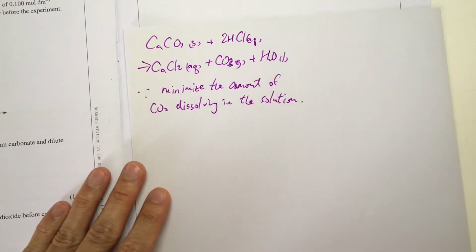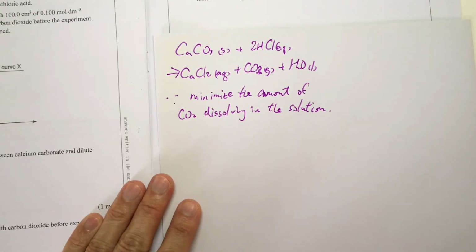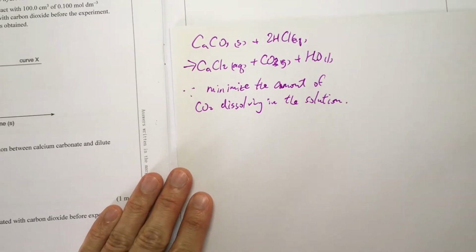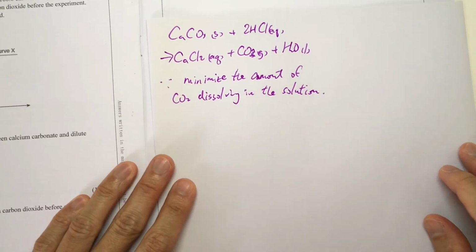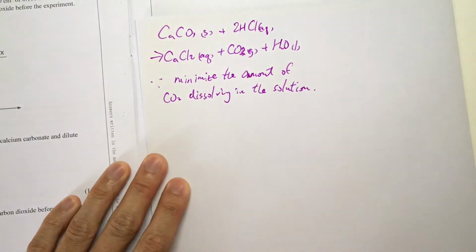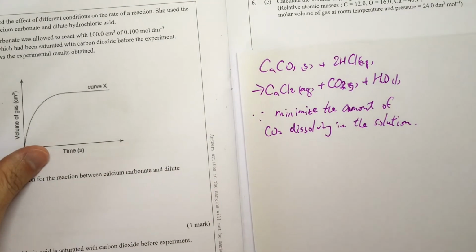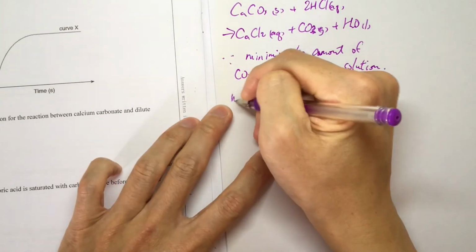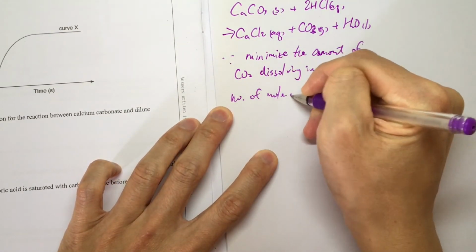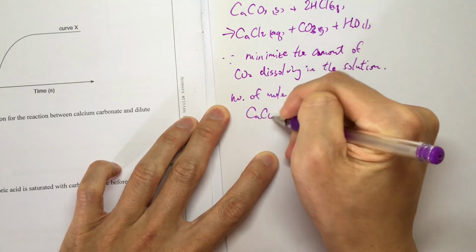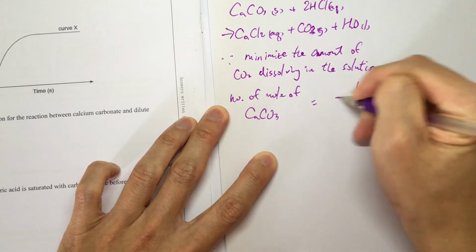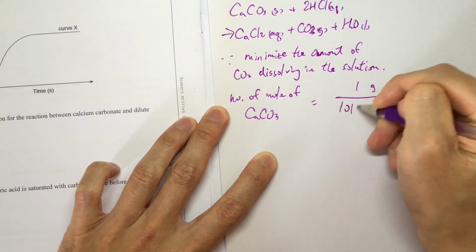Okay, part C, volume of gas given out. So refer to the graph first. The mass of calcium carbonate is 1 gram. Number of mole of calcium carbonate is 1 gram over the molar mass.